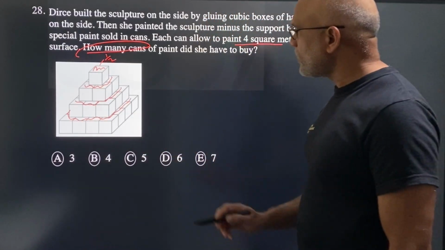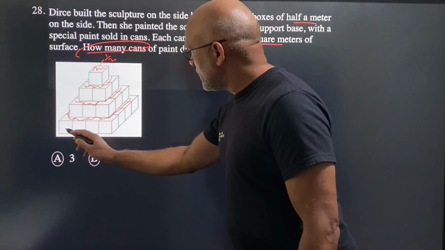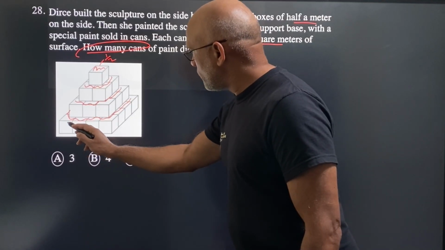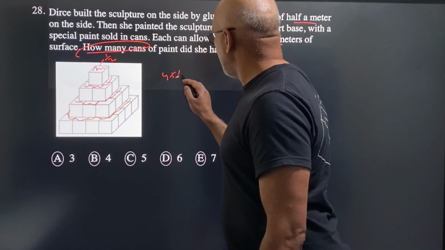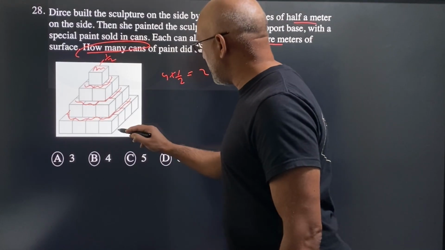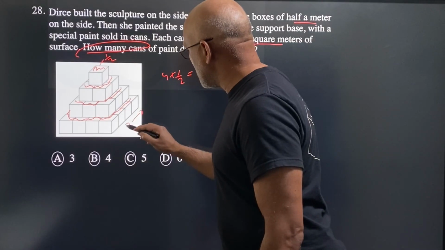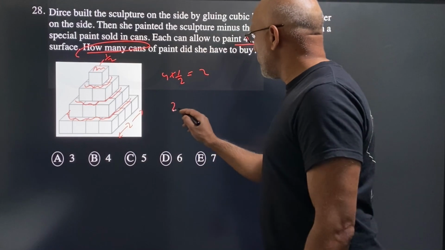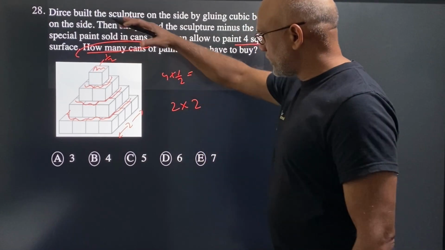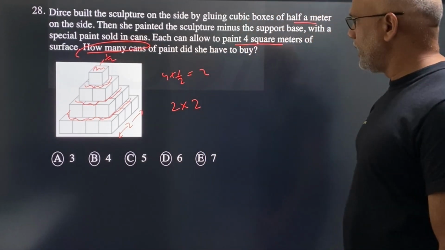So what is this? Each is half. So 1, 2, 3, 4 times half. So this is going to be 2, and this is then 2. So the top surface is going to be 2 times 2.